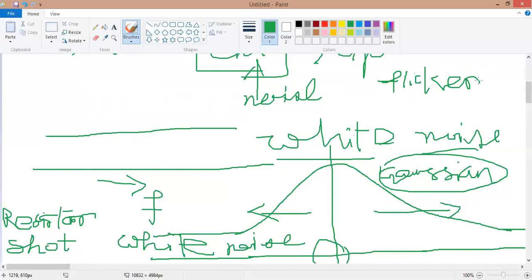Error detection, error correction. If I want to detect some error, some signal may be propagated, and I'm getting some smallest frequency variation.